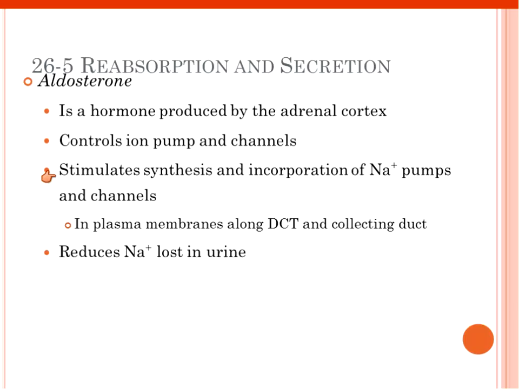So the big job, and how we referred to it in ANP1, is that aldosterone's job is to reduce sodium loss in the urine. As a result of reducing sodium loss in the urine, it's also going to, by default, reduce water loss in the urine. But remember, final adjustments to how much water is in your urine are made by another hormone called antidiuretic hormone, or ADH.